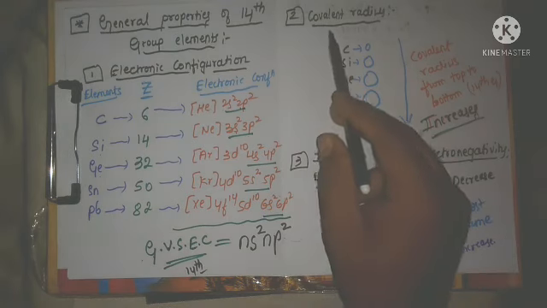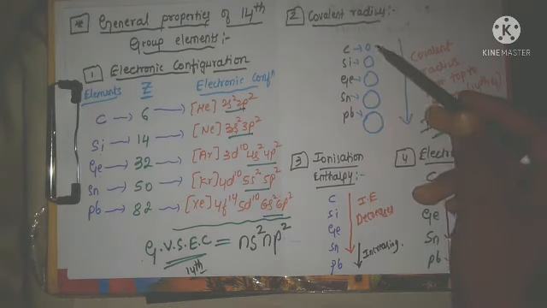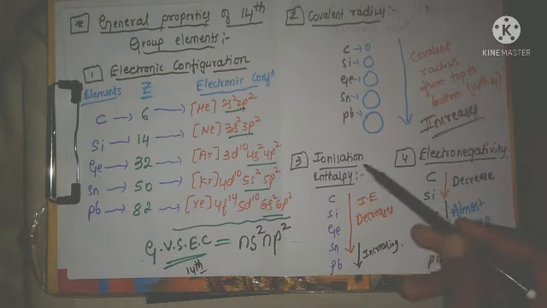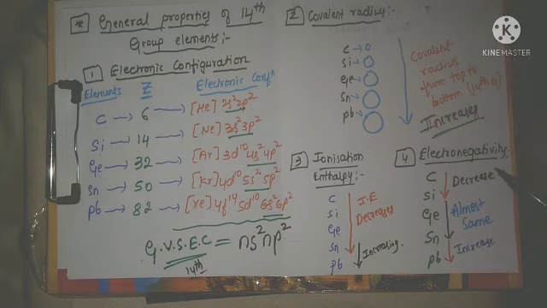Next we discussed the covalent radius, how it changes from carbon to lead in the 14th group, that it increases. Ionization enthalpy and electronegativity we have also discussed. Now we will stop here and continue in the next class. Thank you.